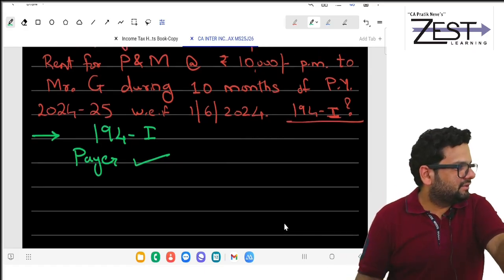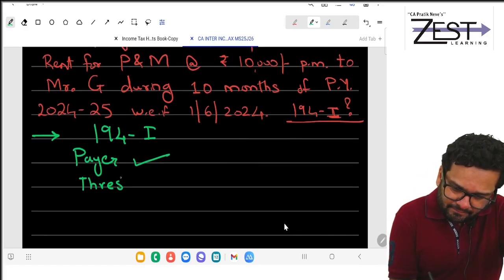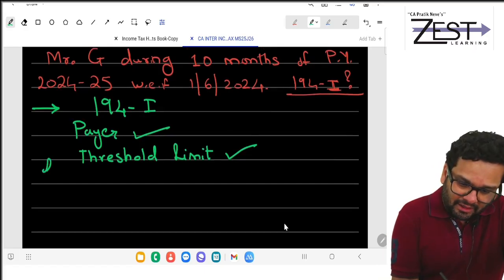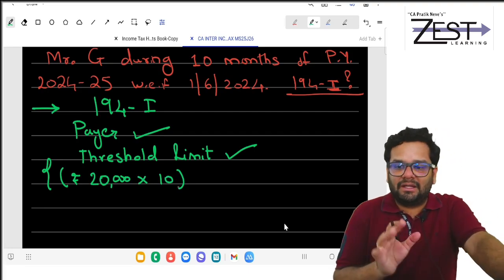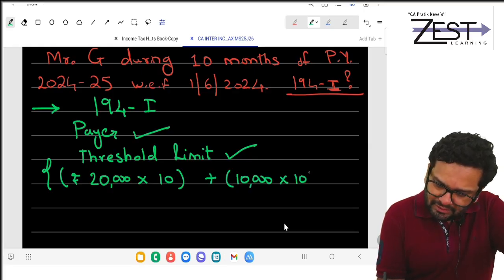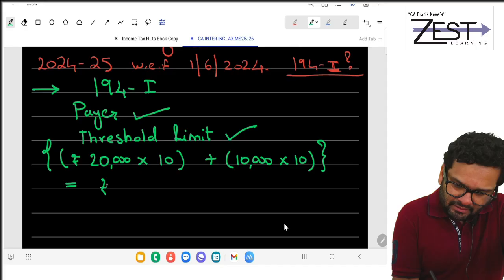The threshold limit is also satisfied, because rent is 20,000 into 10 for land and building plus 10,000 into 10, equal to rupees 3 lakhs.